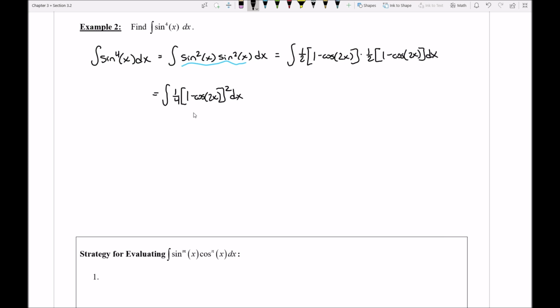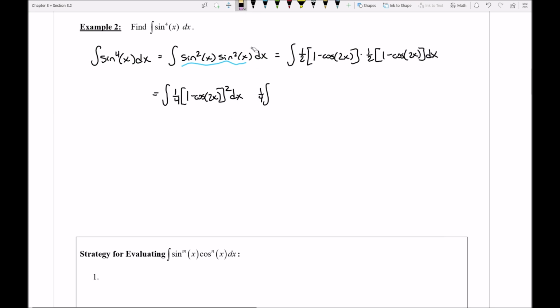But how does that really help? Well, this is why in the very first video I said that we would often have to use algebra mixed in with these trig identities to help us simplify down some stuff that we're working with. In this case, notice since I have a quantity squared, it may be advantageous to multiply that quantity out.